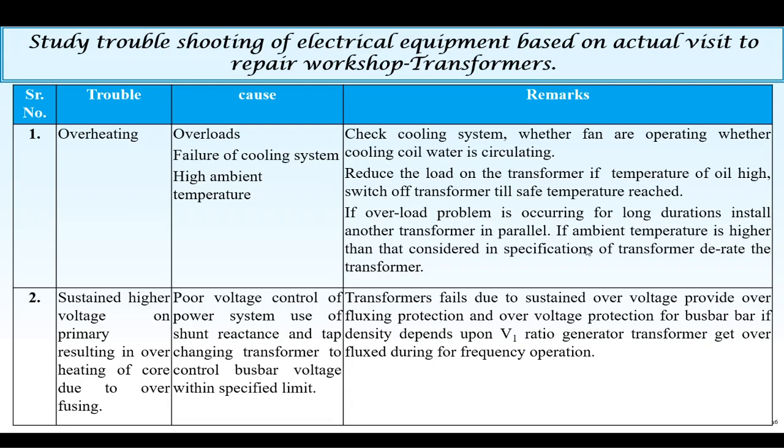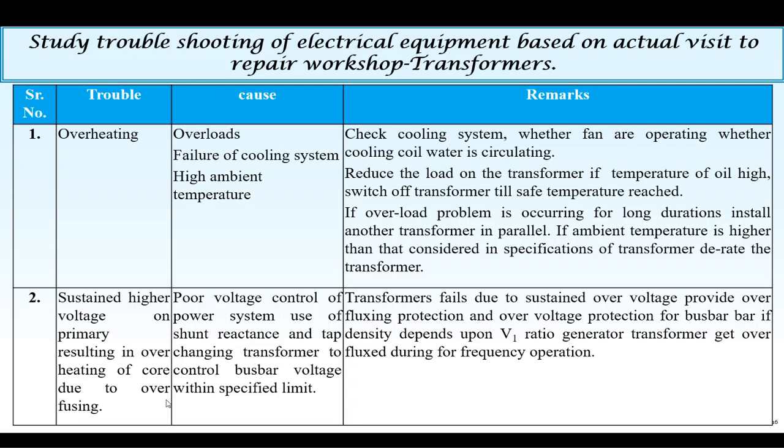Then we have to reduce the load so that there is no overload. Then if overload problem is occurring for long duration, install another transformer in parallel. If the ambient temperature is higher than that considered in specification of transformer, derate the transformer.